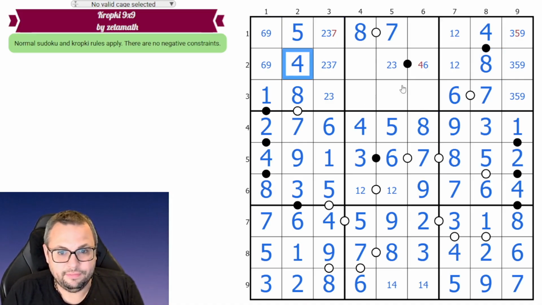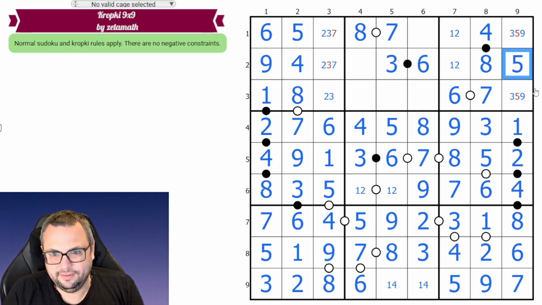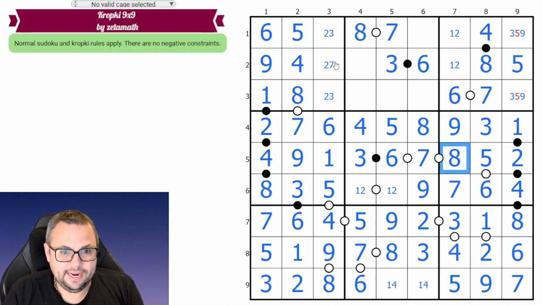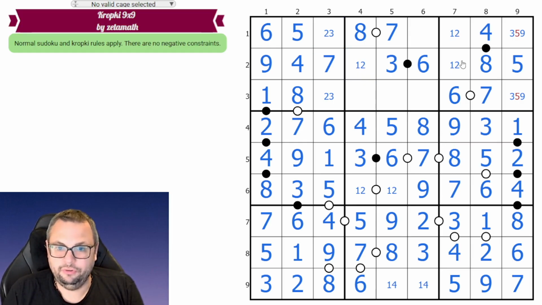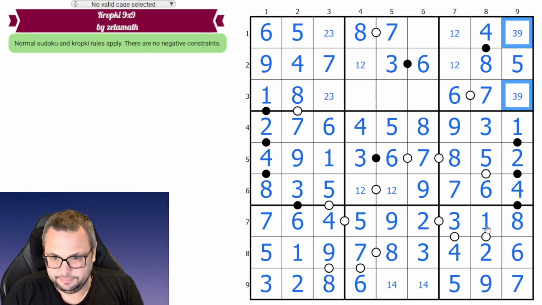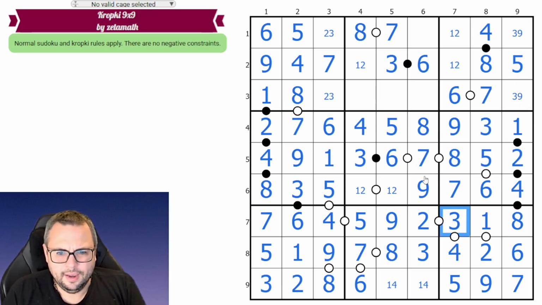5 and 4. So now that's 6 and 3, 9 and 6. 5, 7 and 3. So now the 2, 3 pair gives me that is a 7. This is a 1 or 2 to finish this row. Let's see.